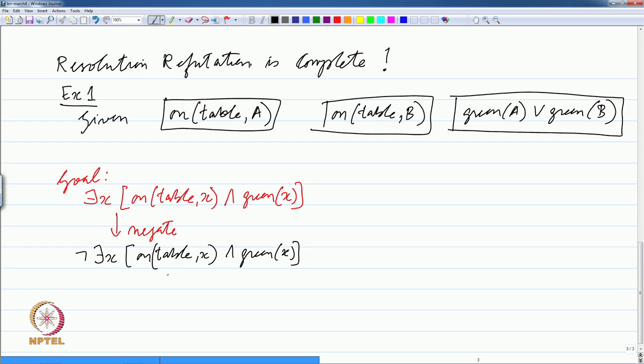To convert that into clause form, we know that this is equivalent to for all x, I will push the not inside twice in one step, not on table x or not green x, which when I convert into implicit quantifier form, I get this not on table x or not green x.